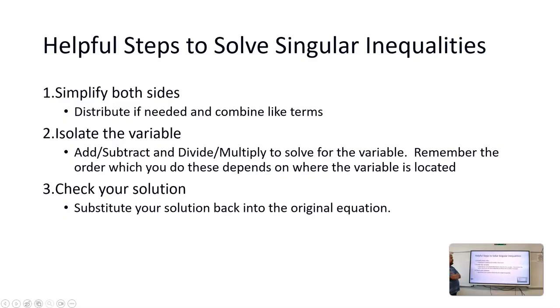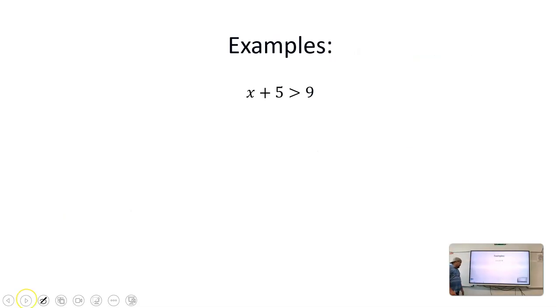Remember, the order in which you use these depends on where the variable is located. We learned that in your equations module. And then number 3, check your solution. Substitute it back in, make sure it actually works. So let's go through these and solve some examples and follow along in your guided notes.